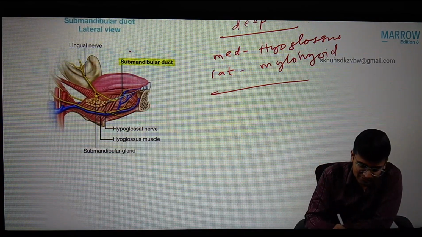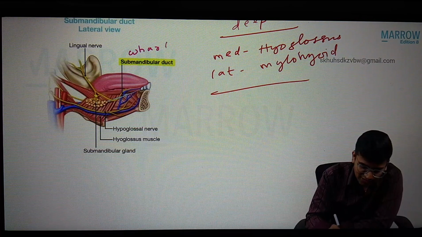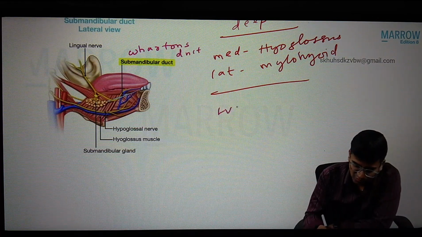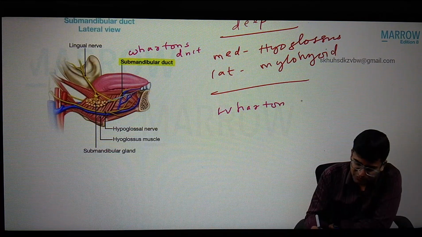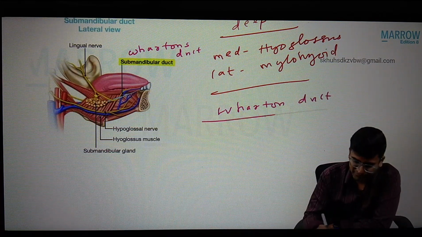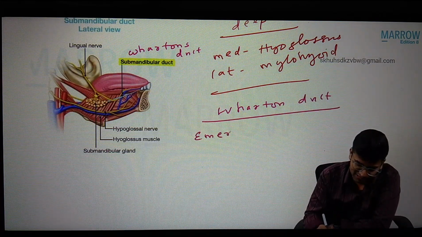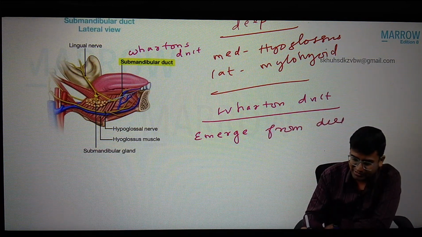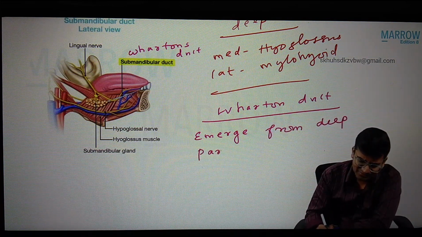The submandibular duct is also known as Wharton's duct. The submandibular duct emerges from the deep part of the gland. Okay, and see the diagram.